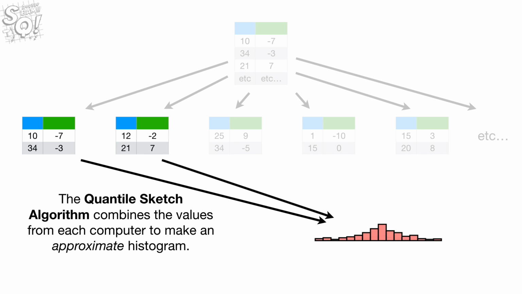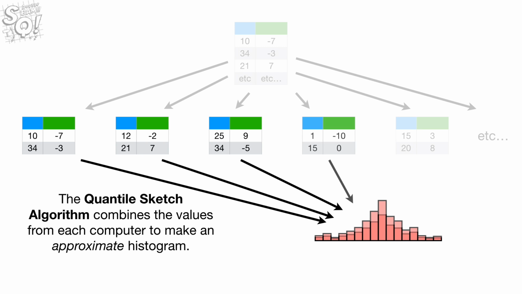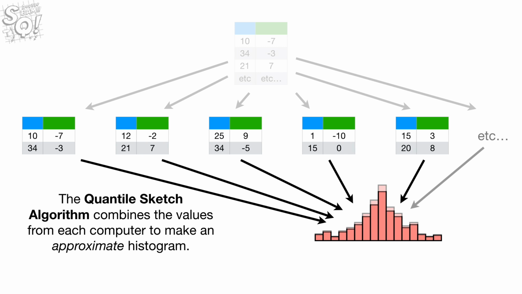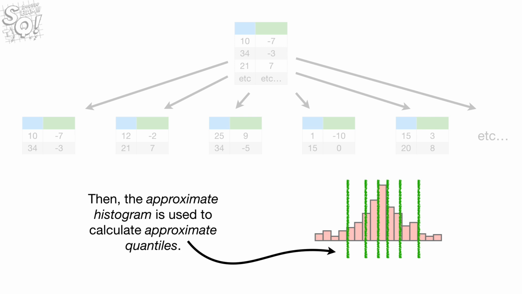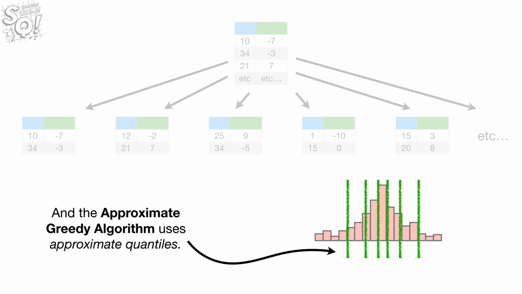The Quantile Sketch algorithm combines the values from each computer to make an approximate histogram. Then, the approximate histogram is used to calculate approximate quantiles. And the Approximate Greedy Algorithm uses approximate quantiles.